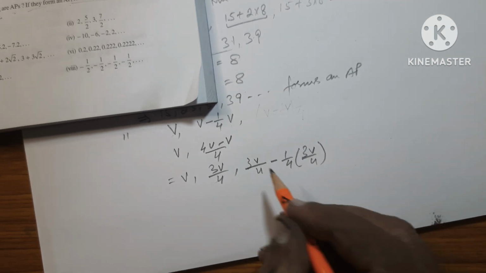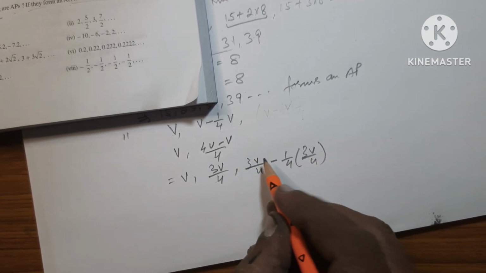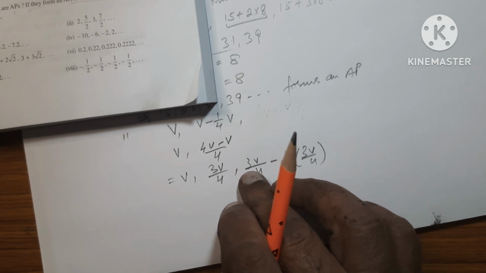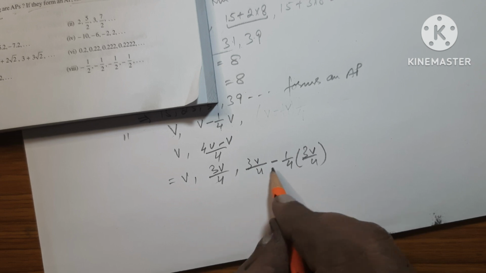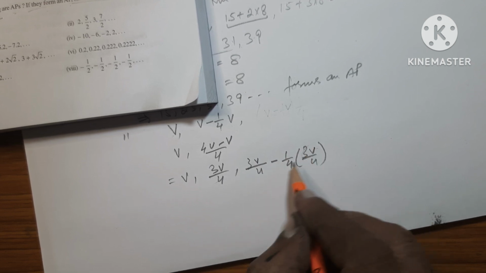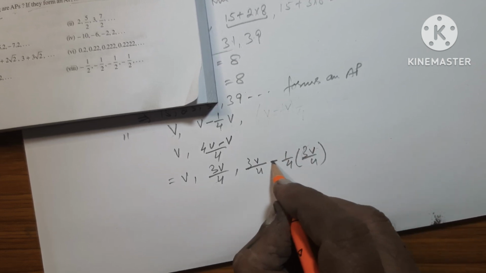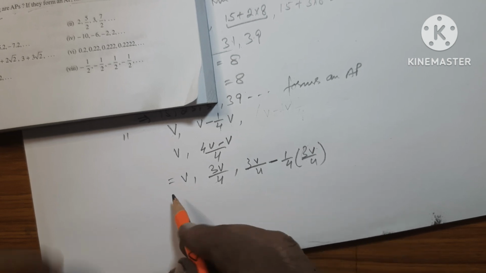This will be the third term. This is the volume remaining at the third stroke, and from this 1/4 of this will be removed. Removed means minus.